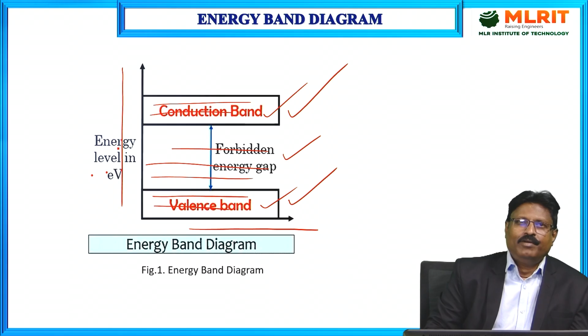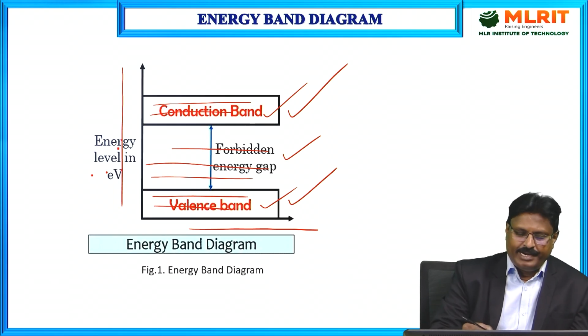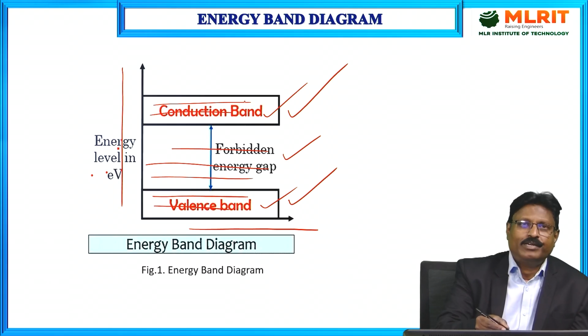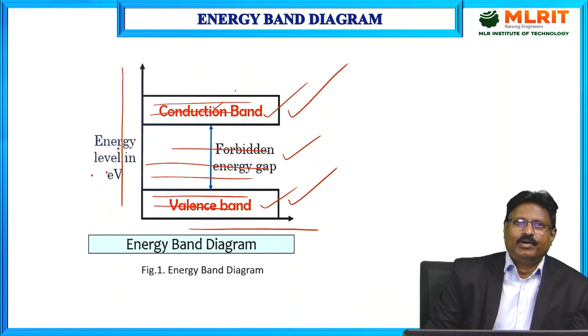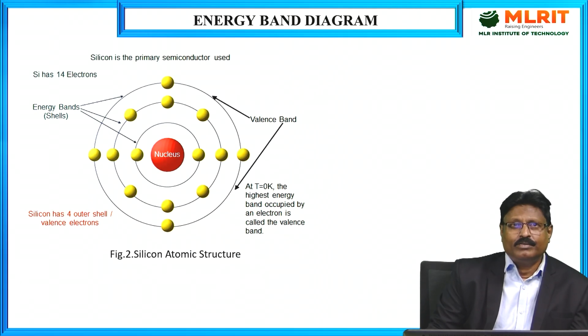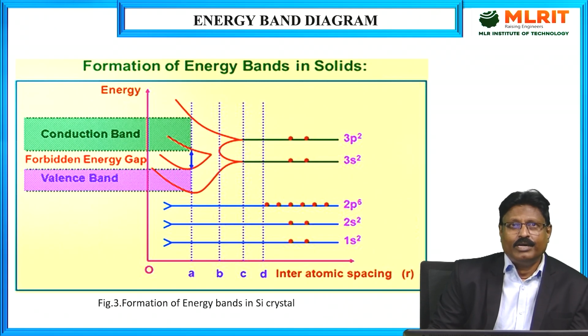Whenever they are excited to move to the conduction band, where they become free, the free electrons will be in the conduction band, by which the conductivity happens. So, before going into it, let me discuss how the energy bands are formed inside a solid.